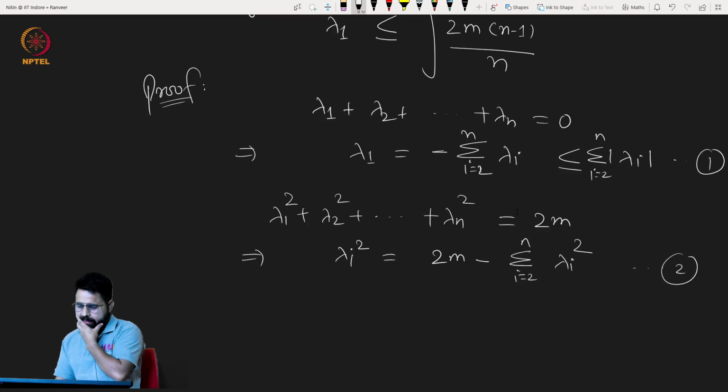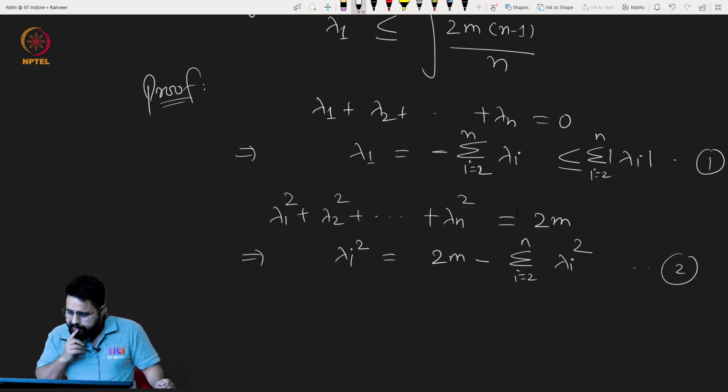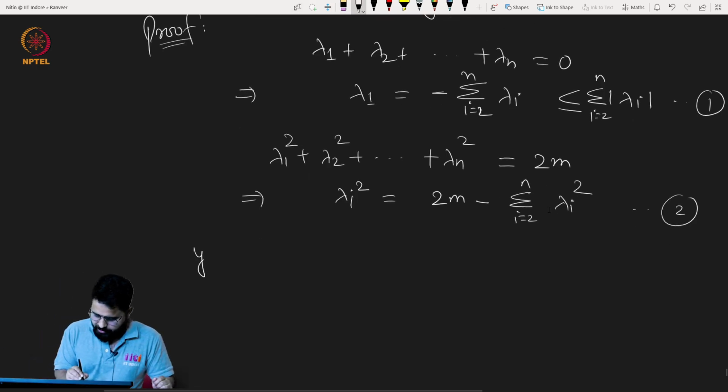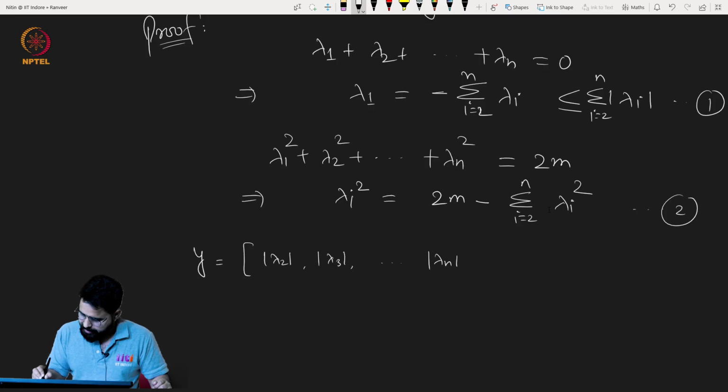So can we prove it using only these two facts? Maybe yes. Next let me define a vector which consists only of the mod values of lambda 2 to lambda n. So basically mod lambda 2, mod lambda 3, up to mod lambda n.